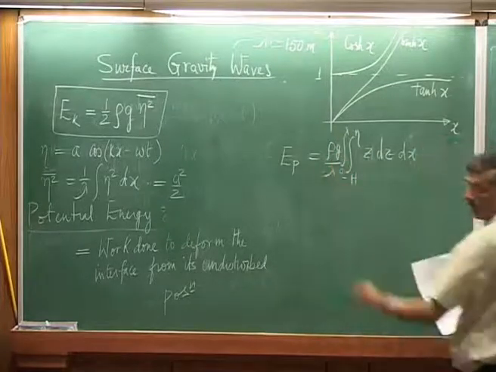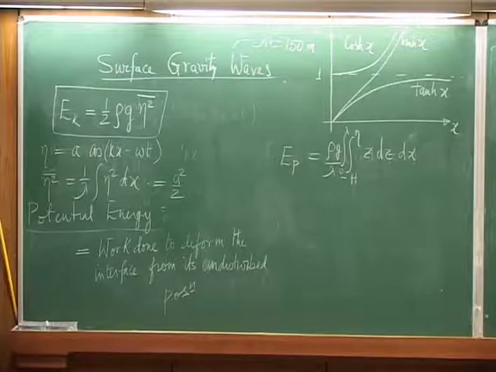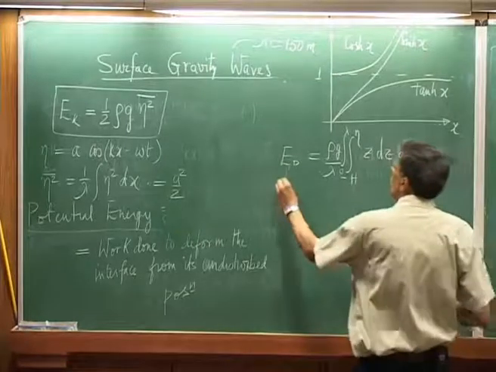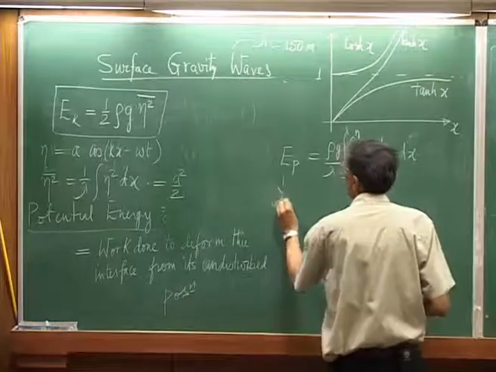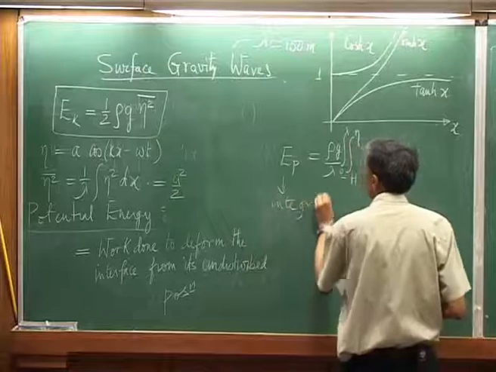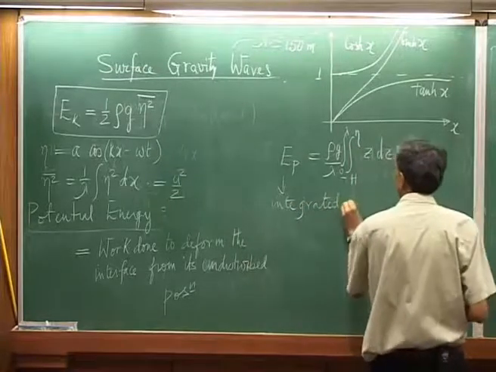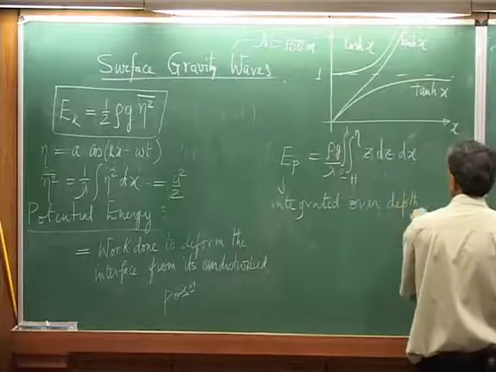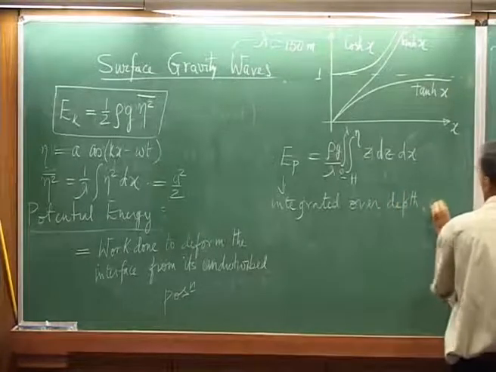take an average. So, it is the same context, like kinetic energy was integrated across the depth, averaged over one wavelength. So, potential energy is also written in the same basis. So, it is the same thing, integrated over depth and averaged.